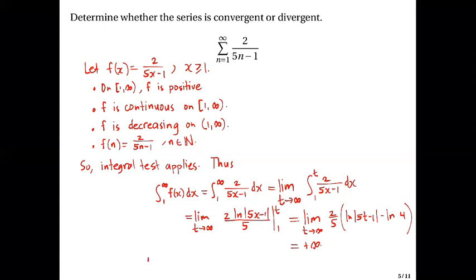Okay? So the improper integral from 1 to plus infinity of 2 over 5x minus 1 dx diverges. So the series also diverges. And the sum from 1 up to plus infinity of 2 over 5n minus 1 also diverges.